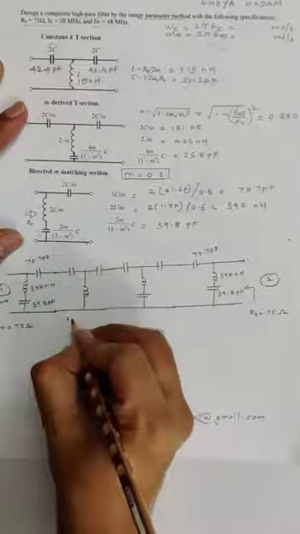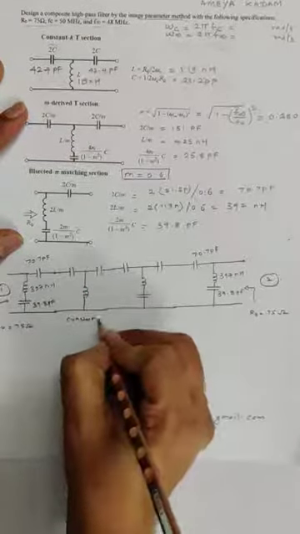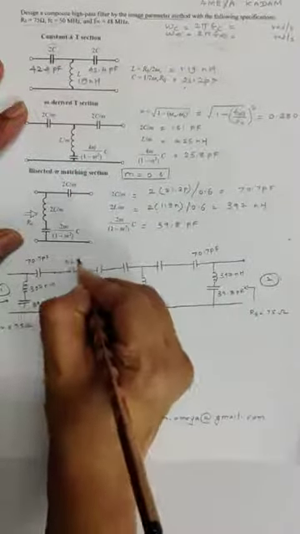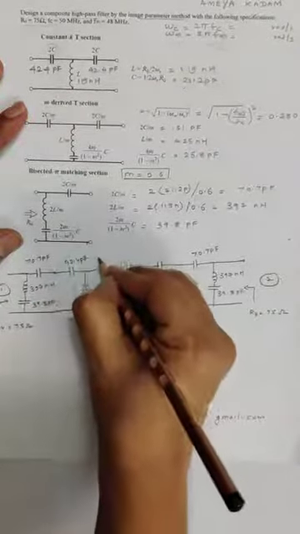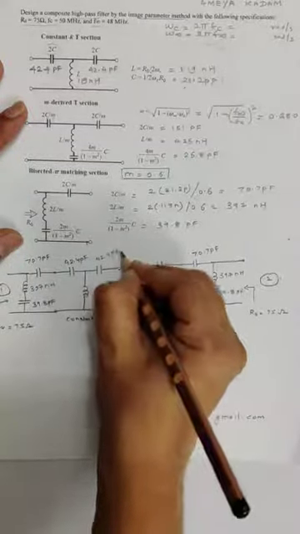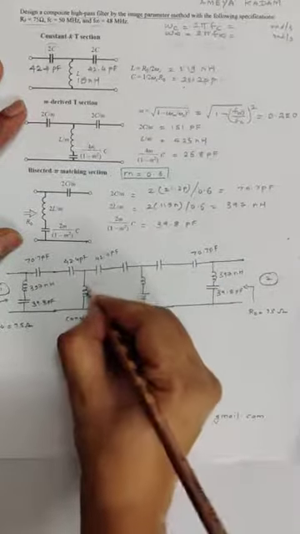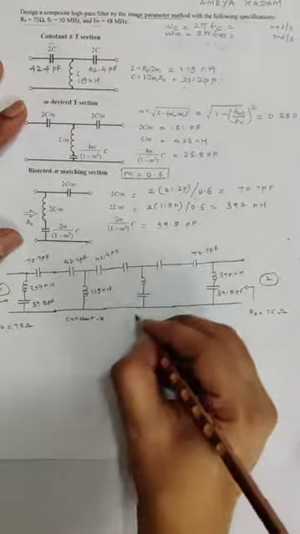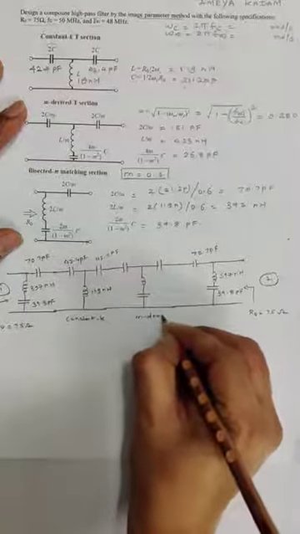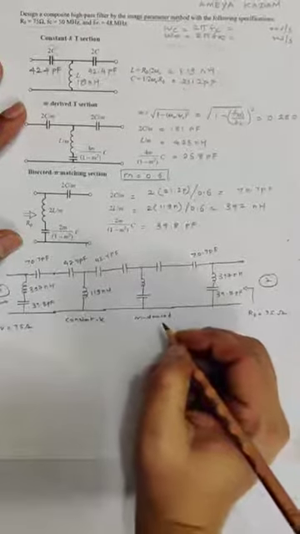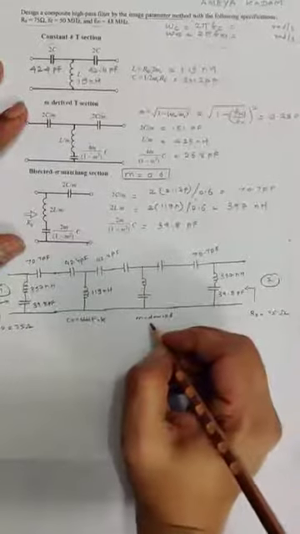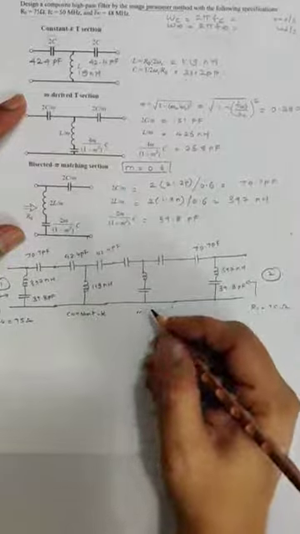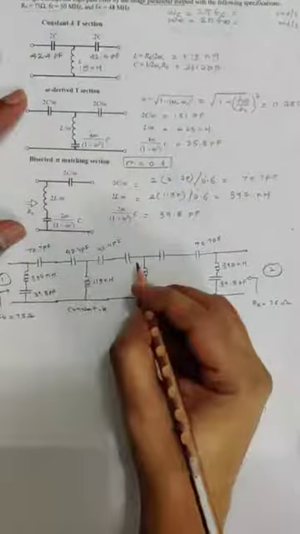Now this is the constant K T section network, so these values are 42.4 pico, and the value of this inductor is 119 nanohenry. And this is the M derived section. In the M derived section we place the infinite attenuation pole frequency just before the cutoff frequency in case of a high pass filter.